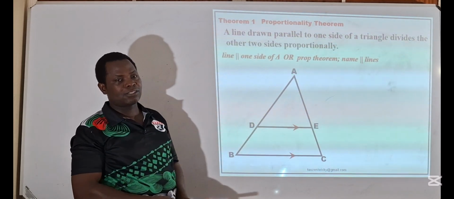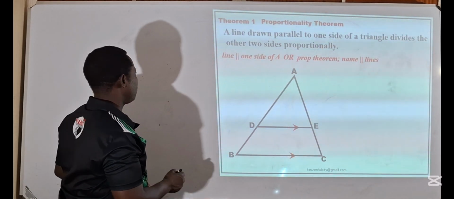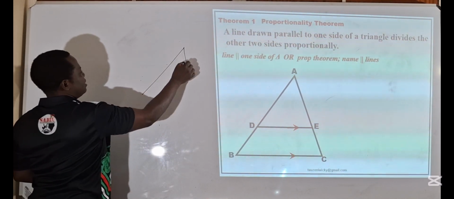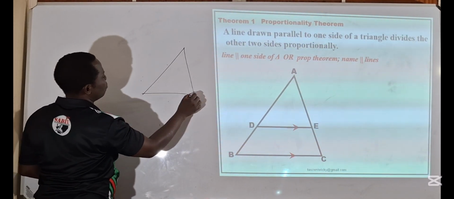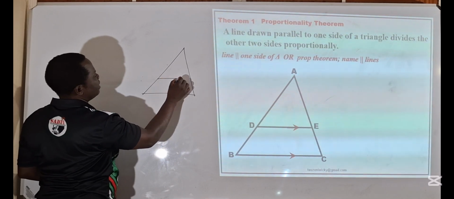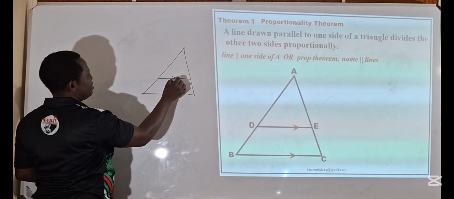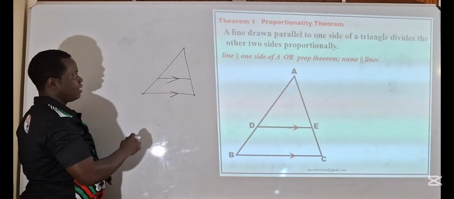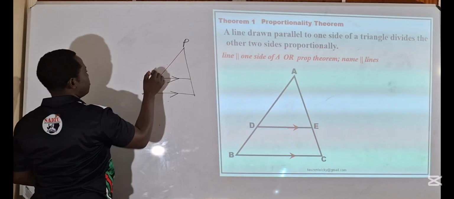That's what it means. So divided proportionally, we are basically looking at a situation where there is a triangle, then we draw a line inside the triangle where this line becomes parallel to one third of the triangle. Let's say this is triangle PQR.